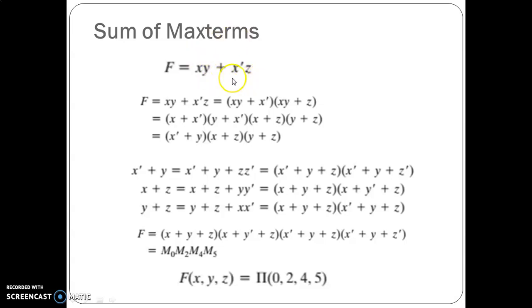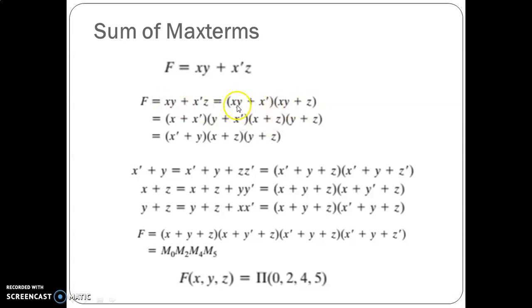Since there are 3 different variables x, y, z, the first term contains only 2 variables x, y. So now we have to include the variable z here. The same way we have to include the variable y here. In order to convert this into a product of maxterms, we express it using the distributive law. So we will have xy plus x bar multiplied with xy plus z.